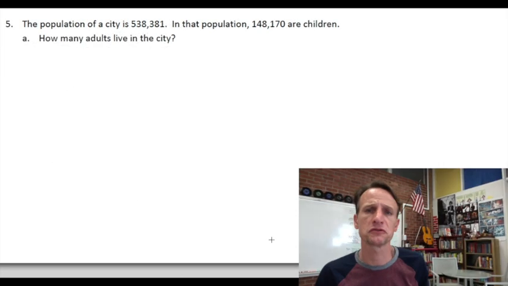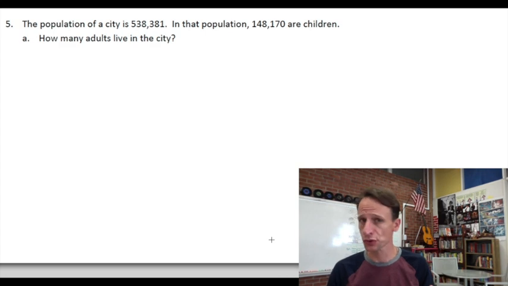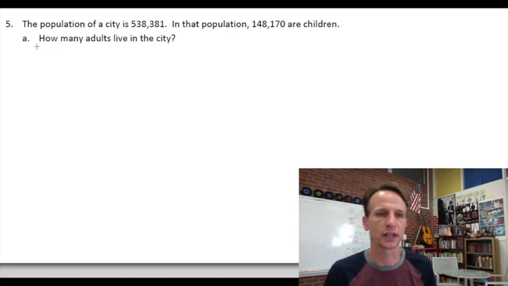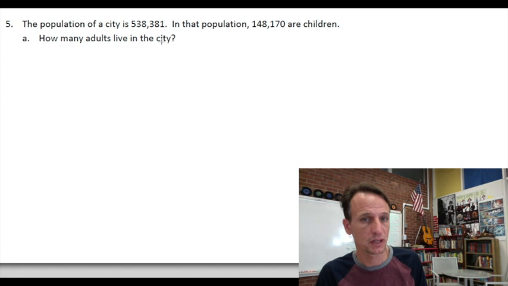All right, and 5A and B are a true two-part question in that you need the answer from part A in order to do part B. So let's dive right in. The population of a city is 538,381.